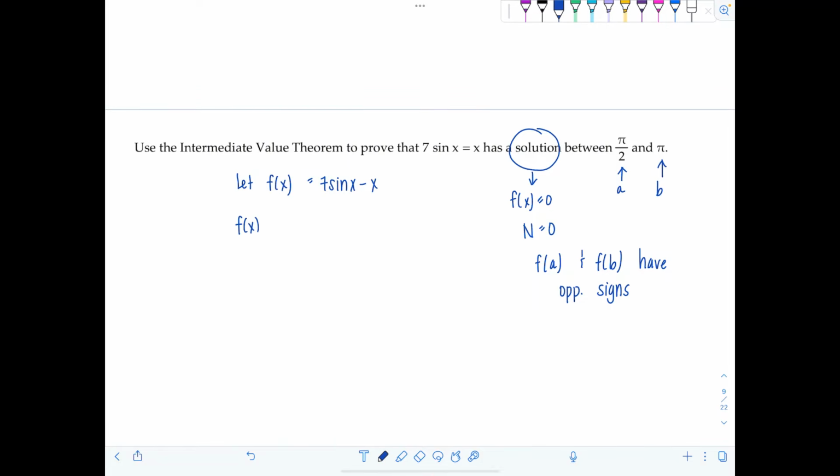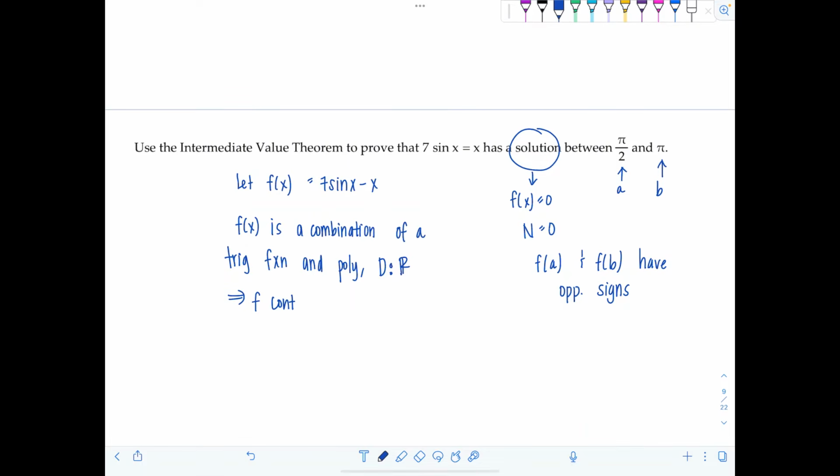So f of x is a combination of a trig function, right, 7 sine x, and a polynomial. That's what that negative x is. What's the domain of f of x? Well, sine of x, that domain is all real numbers. X is a polynomial, domain is all real numbers. So that means the domain of f is all real numbers. And we know that f is a continuous function on its domain.